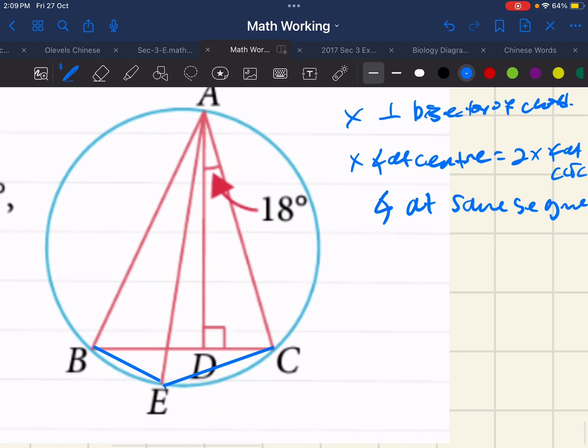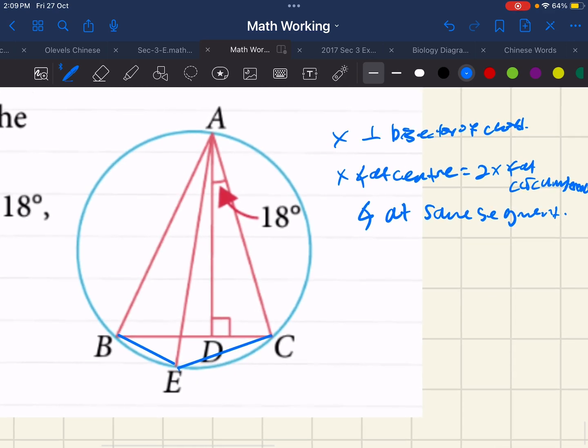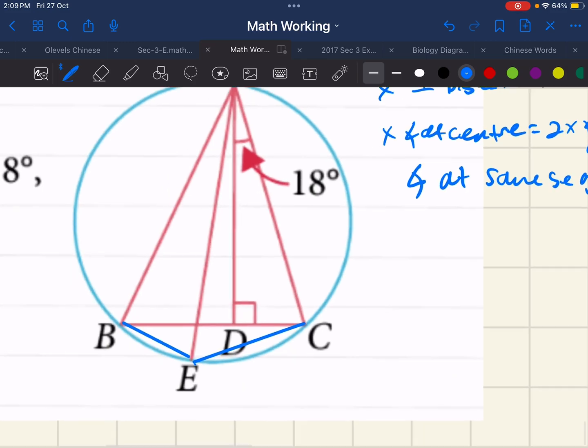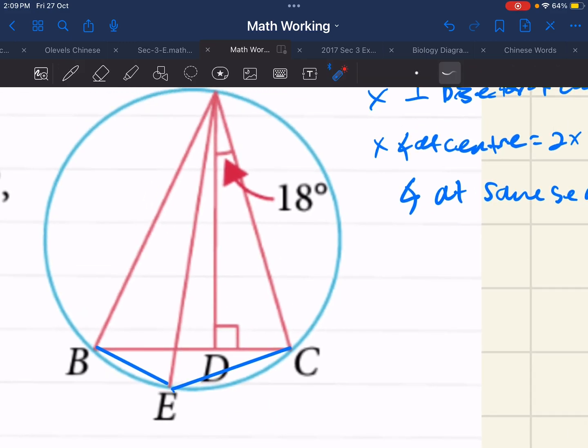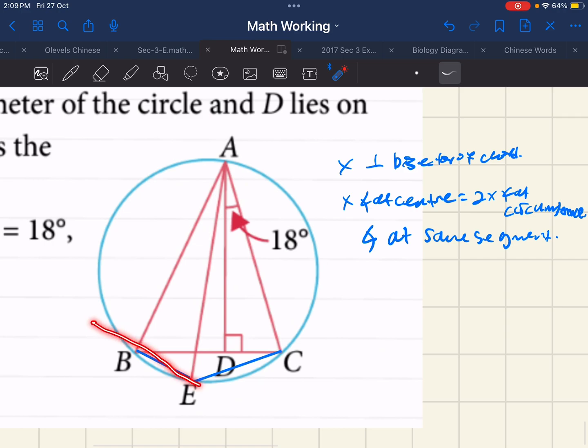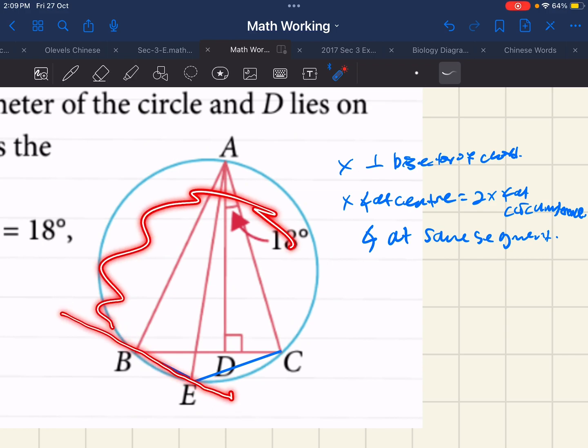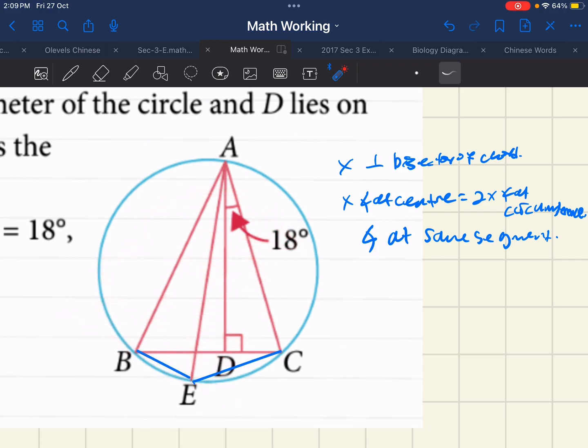So you can clearly see it is angle in the same segment. How do we know? This is your minor segment, over here, very small. This whole thing here is your major segment.